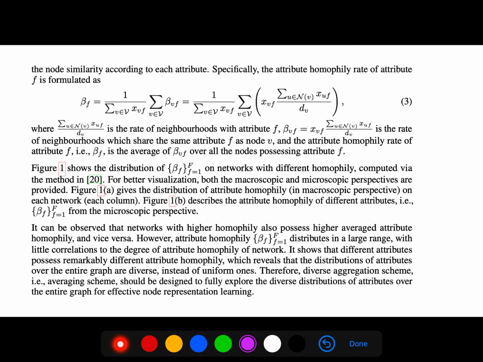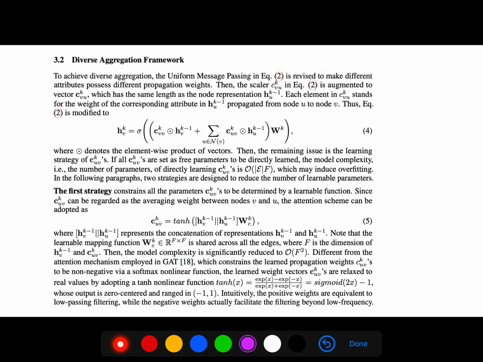Specifically, the attribute homophily rate of attribute F is defined like this. Figure 1 shows the distributions on networks with different homophily. So to achieve diverse aggregation, this uniform message passing is revised to make different attributes possess different propagation weights.